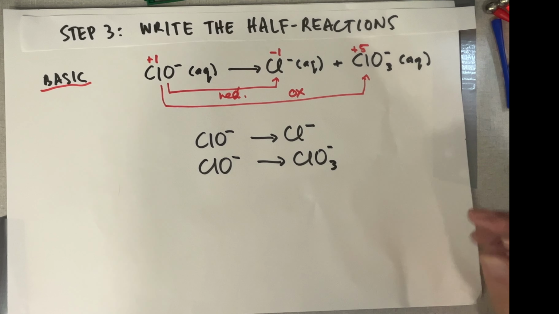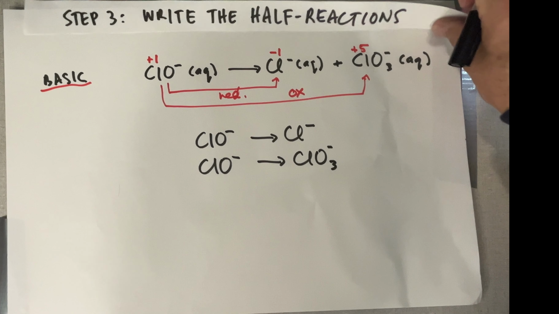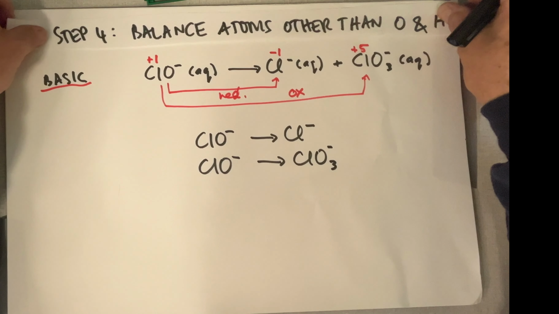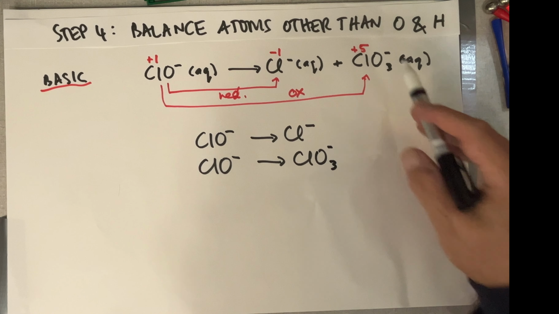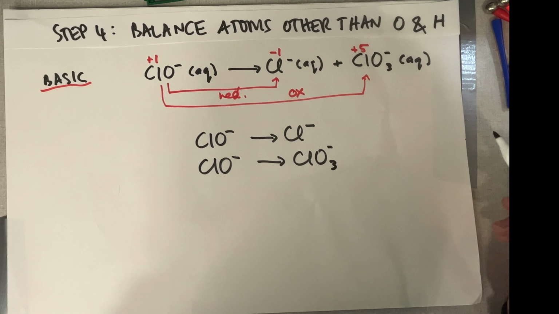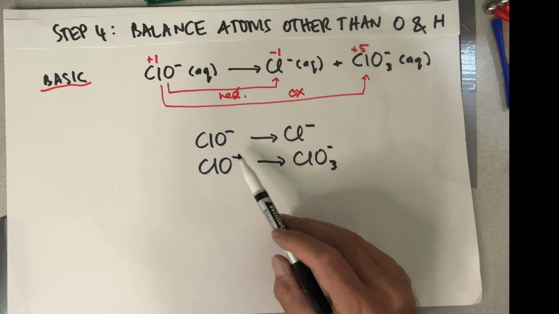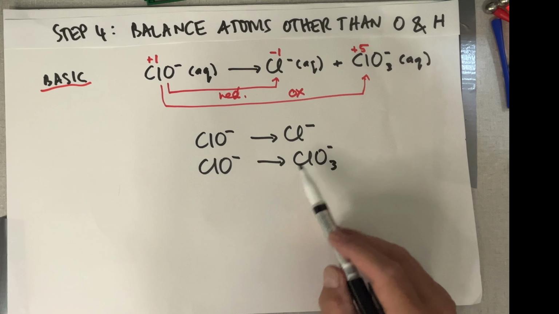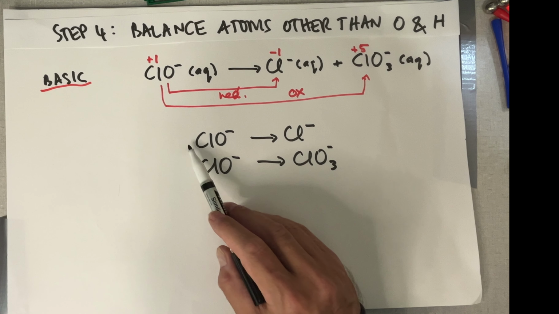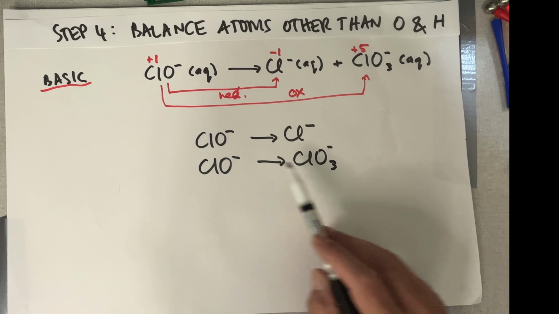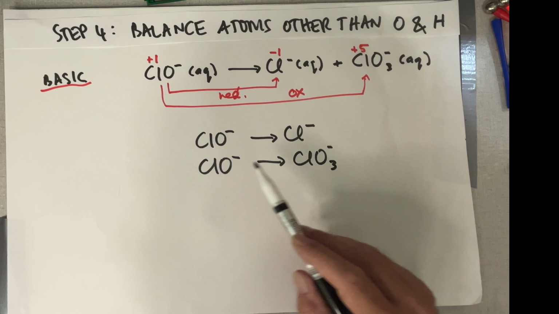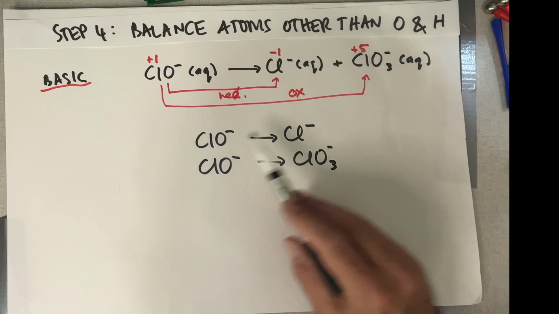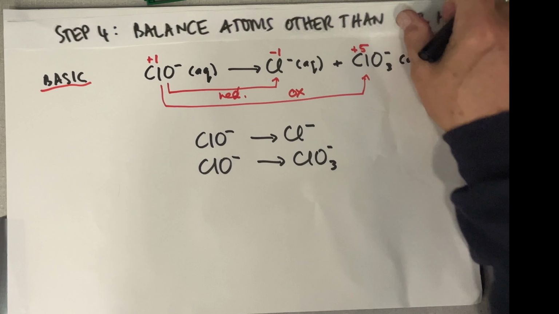Those are the two half reactions in step 3. In step 4, balance the atoms other than oxygen and hydrogen. The only other atom involved here is the chlorine atom, and we can see that in each case it's a 1, 1, 1, 1 situation for the coefficients, and also it has no subscripts, so that step is done.